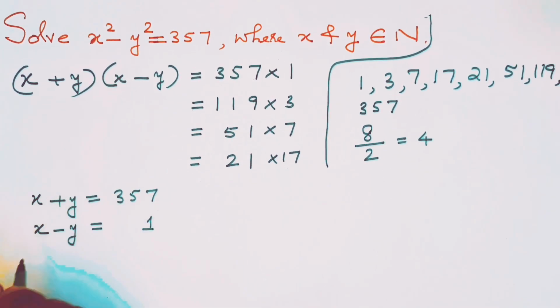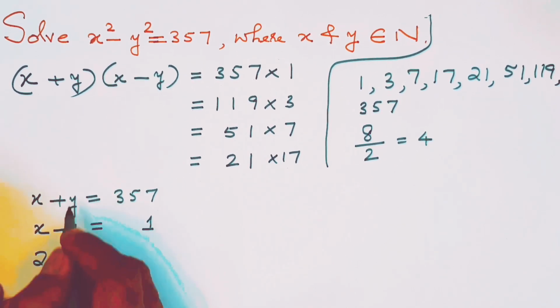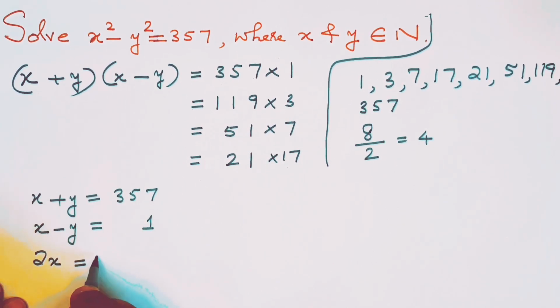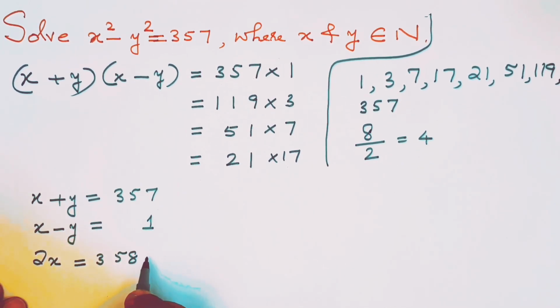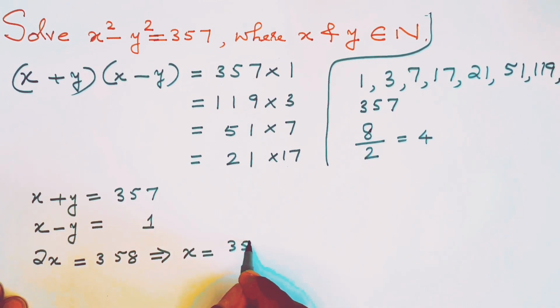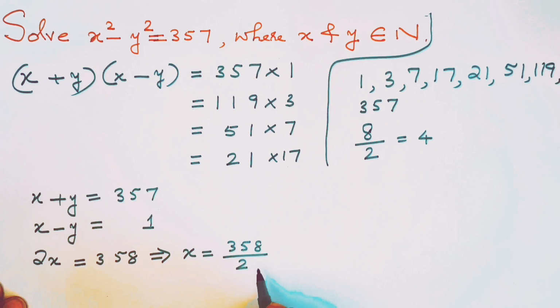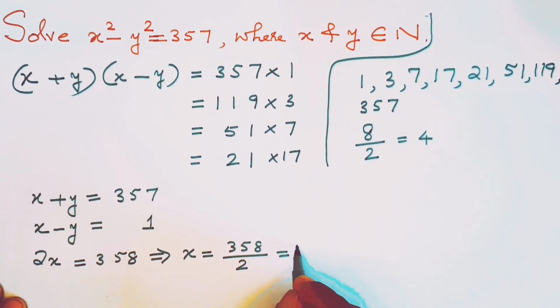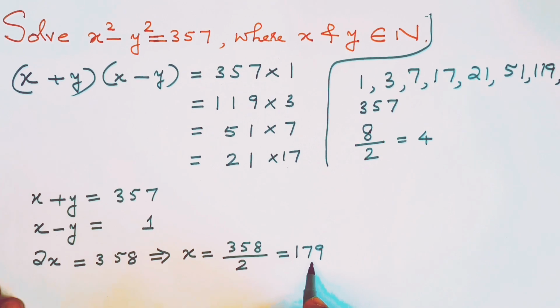Now how do you solve these two simple equations? Just add these two equations. You will get 2x, y will cancel out, and on the right side you have 358. This implies x equal to 358 divided by 2, which is 179.